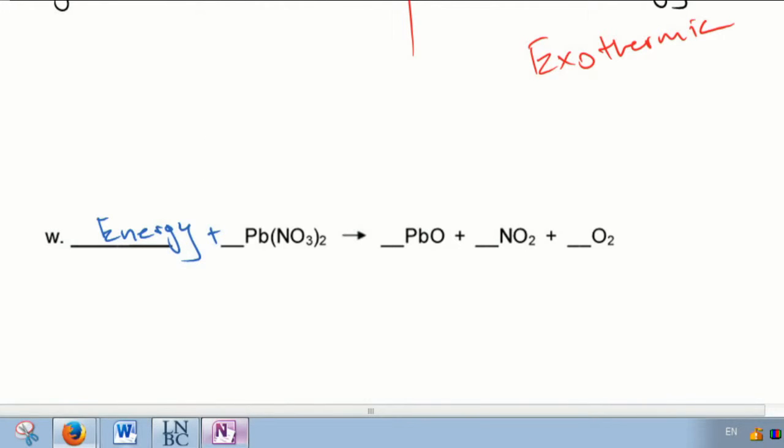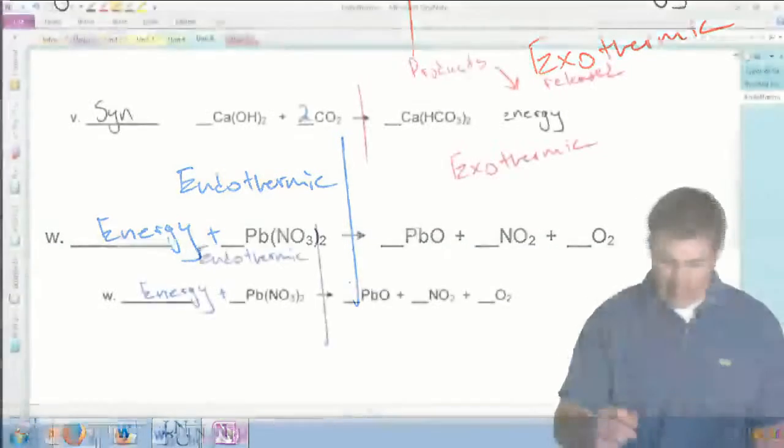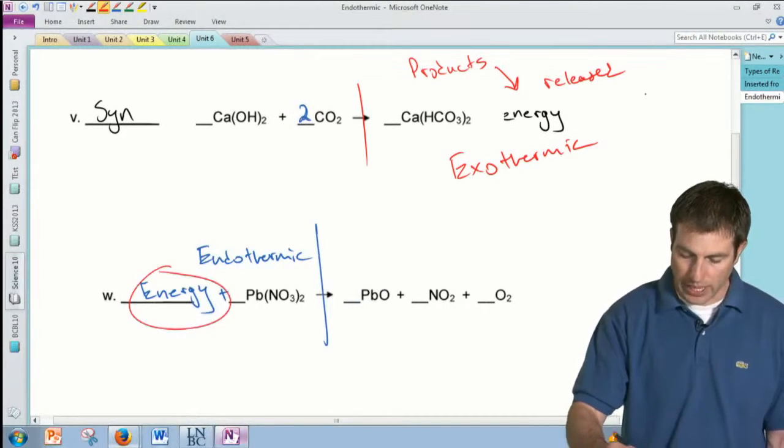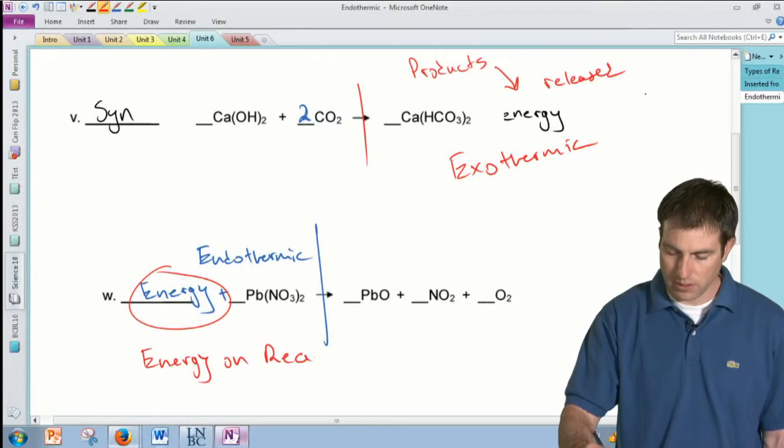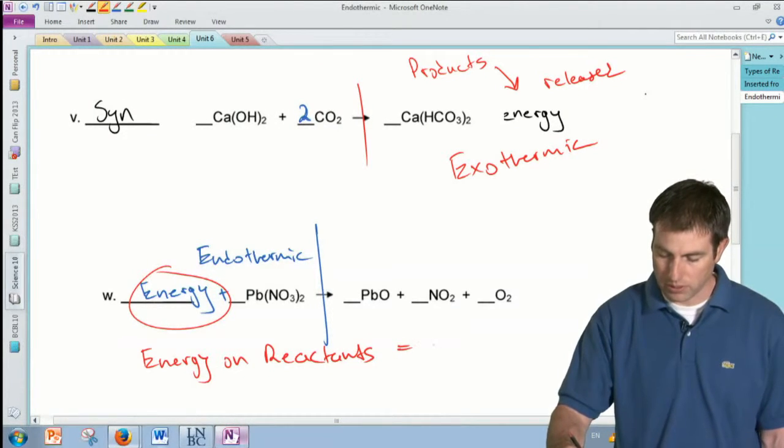So this would be an endothermic reaction. So if you have your energy on the reactant side, this is endothermic.